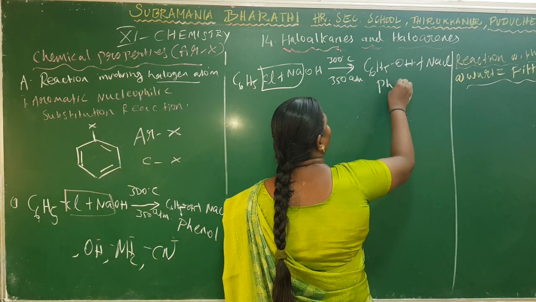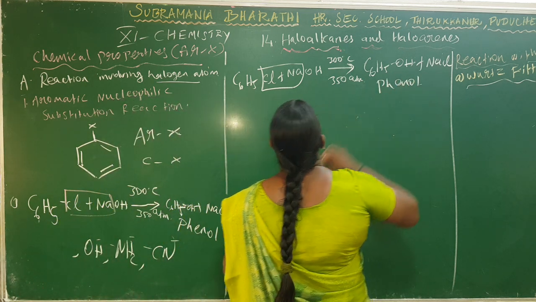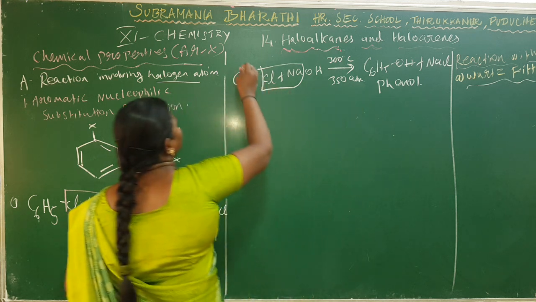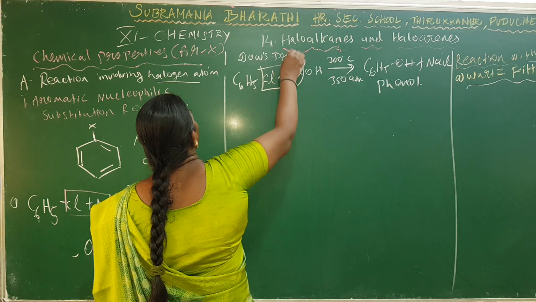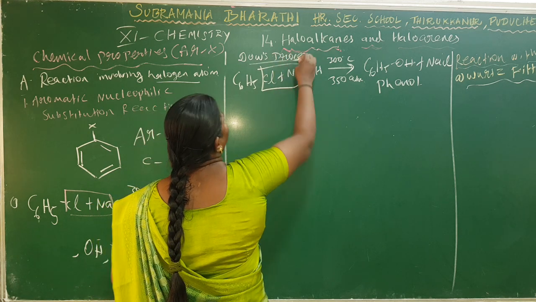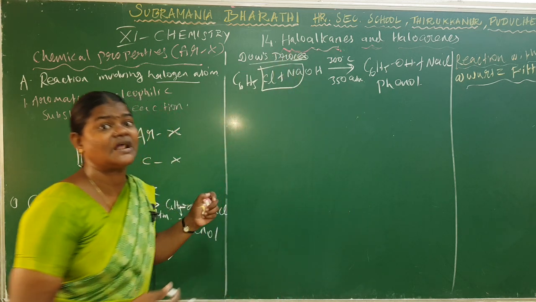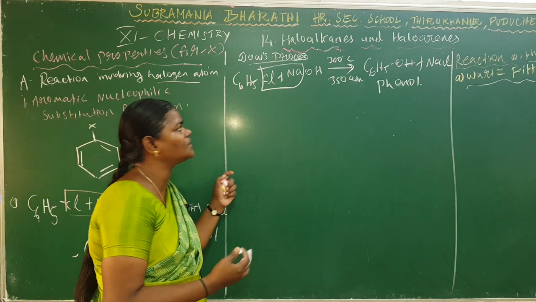The name of the compound is phenol. This is a very important reaction. It is also called the Dow process, a very important preparation of phenol. Later you will see it in 12th standard.